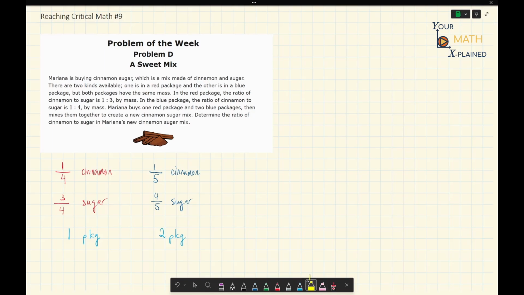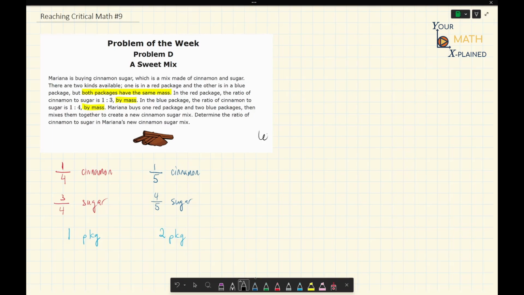One important point to make note of is that these packages are calculated based on mass, and we know that both packages actually have the exact same mass. That's going to inform us of our equation going forward.